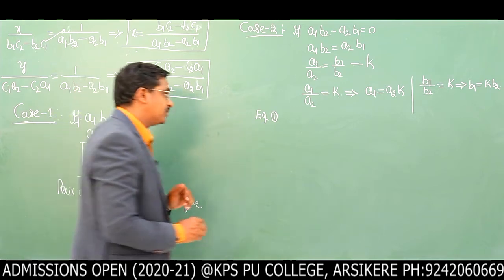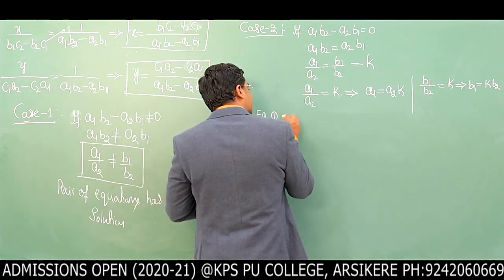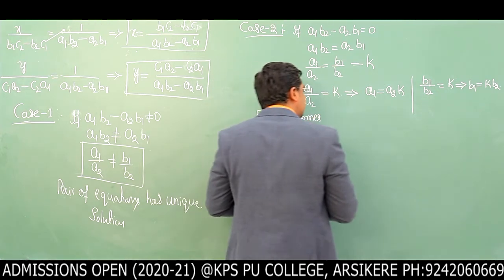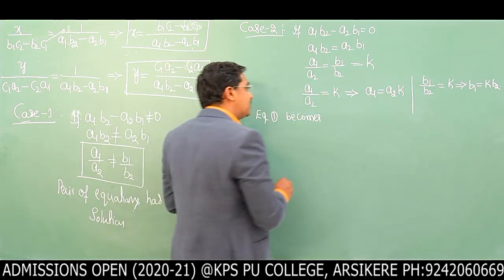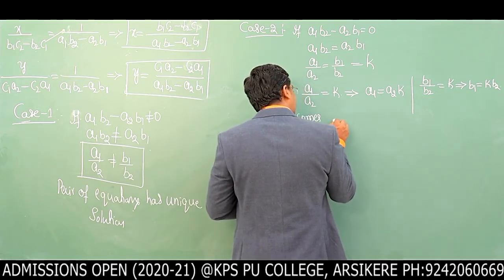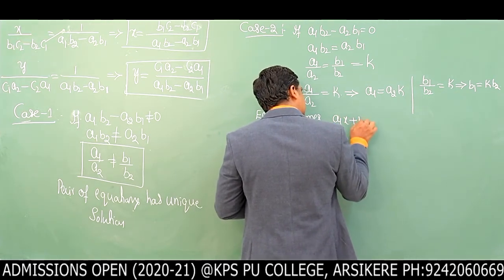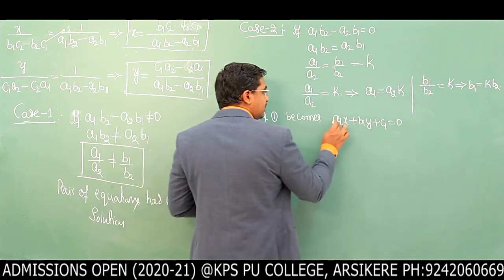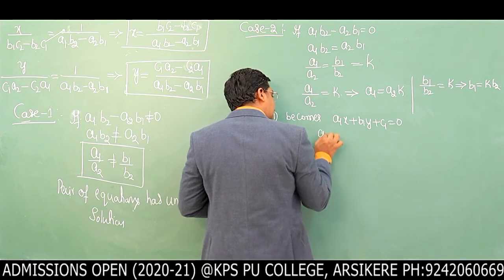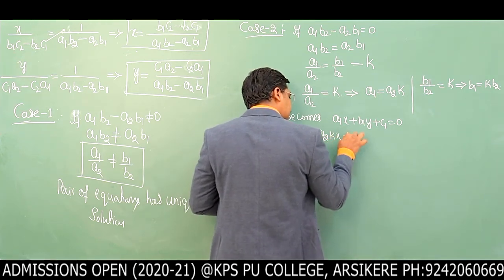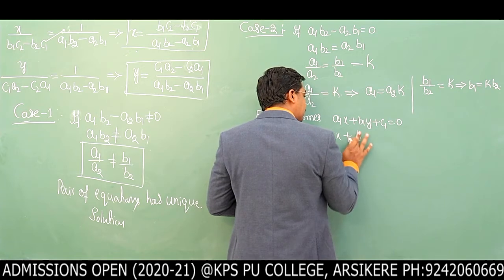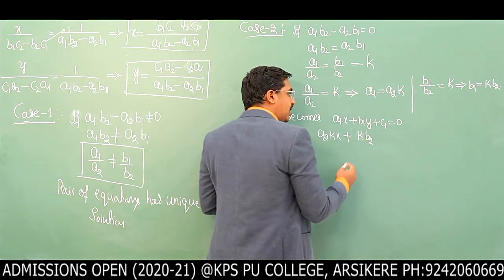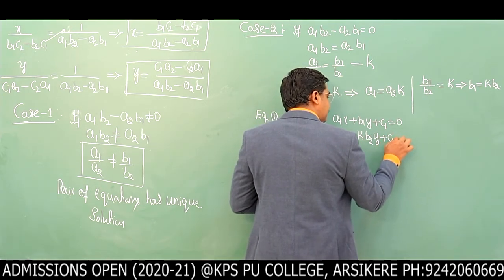This equation reduces as follows. Where a1 is, I write a2 into k, into x, plus b1 is replaced by k into b2, into y, plus c1 is equal to 0.